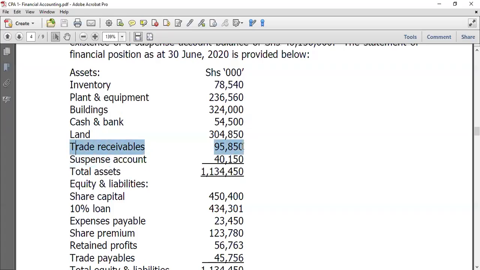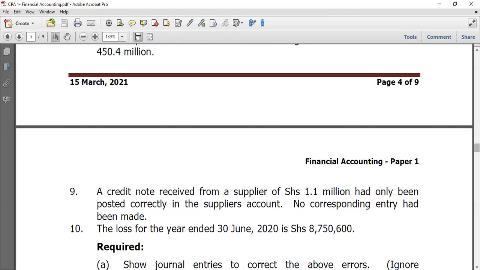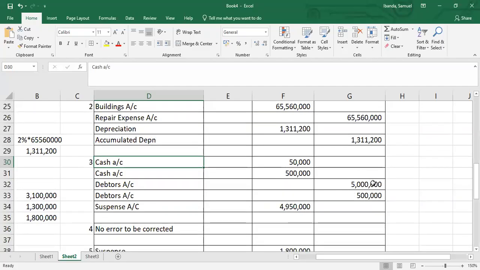Trade receivables, was it affected? Yes, I have something that affected my debtors, and how I'll find out is I'll come to my journals here. I had an item here, so I had 5.5 added as a credit to my debtors in correcting my errors. So I need to adjust my trade receivables by removing 5.5 because I have a credit here in my errors.